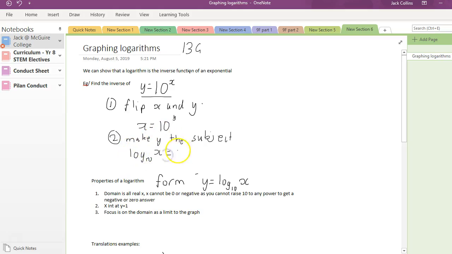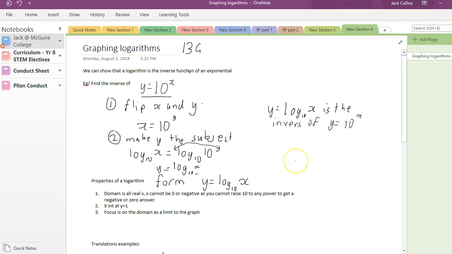Log base 10 of x is equal to log to the base 10 of 10 to the y. So therefore y, pulling that out the front using our log laws, y would be equal to log to the base 10 of x. So y equals log base 10 of x is the inverse of y equals 10 to the x.